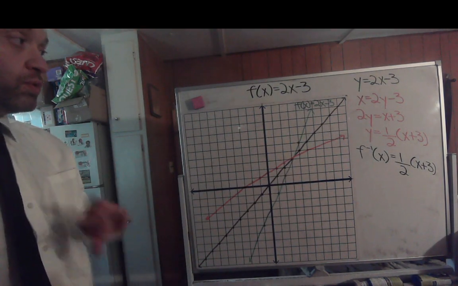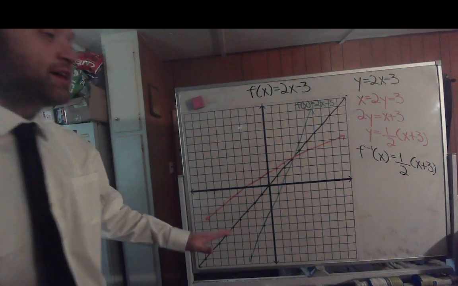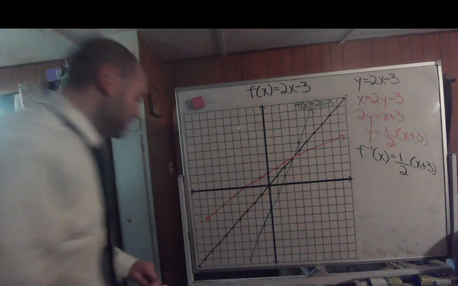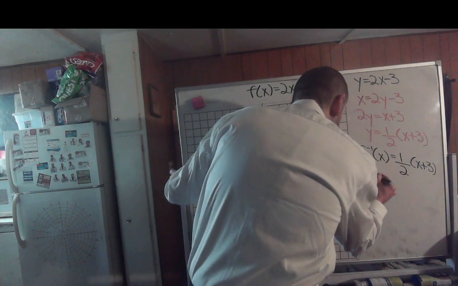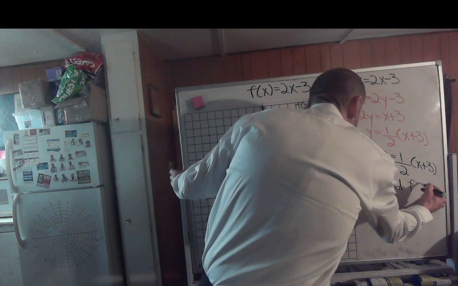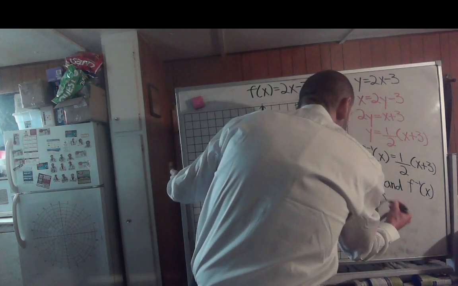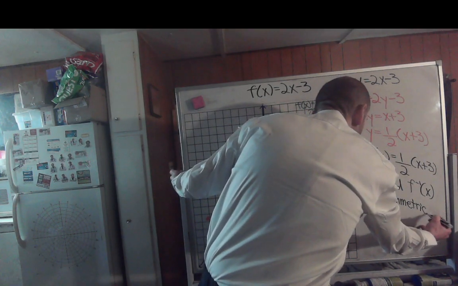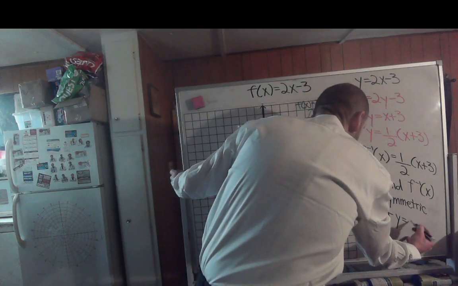So the cool thing is, f of x and f inverse of x always have symmetry about the line y equals x. So graphically, f of x and f inverse of x are symmetric about y equals x.